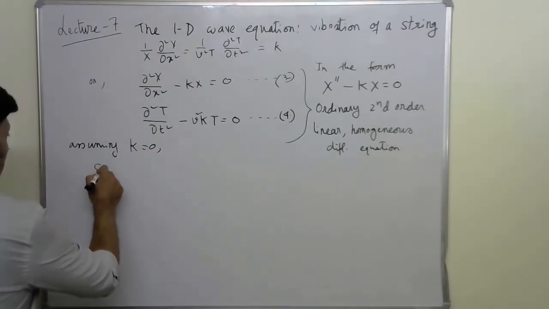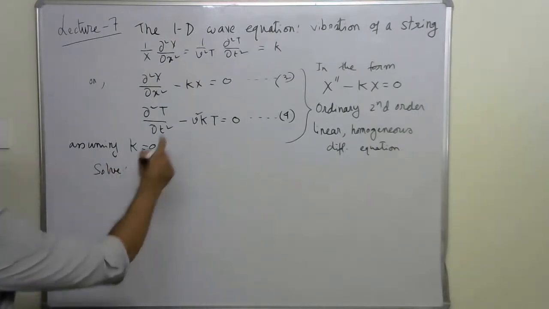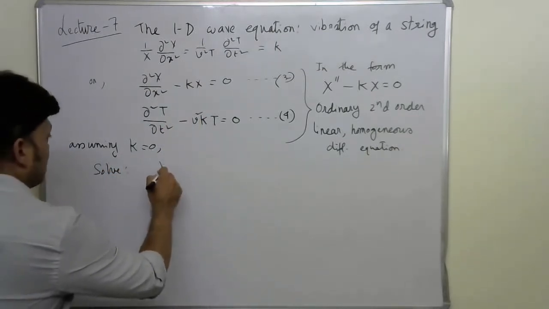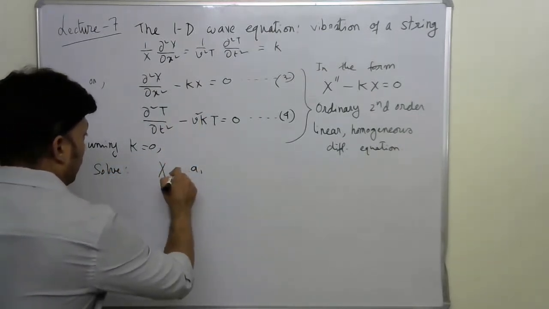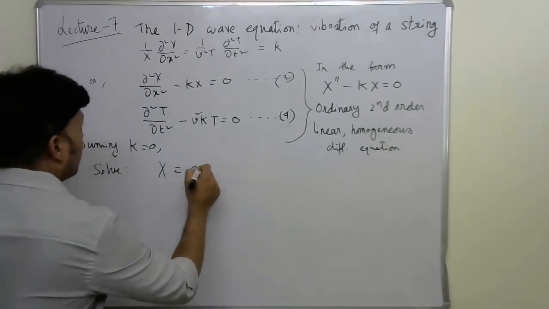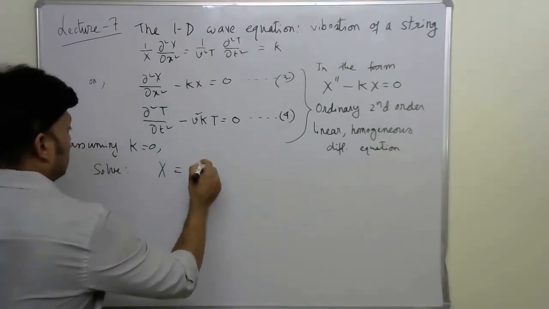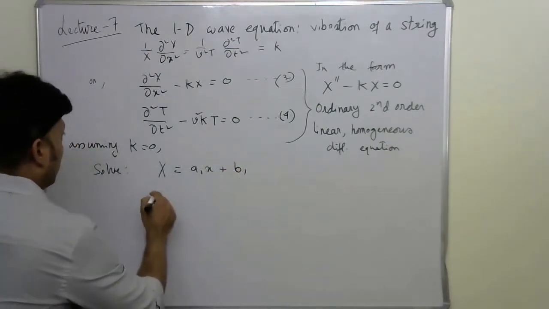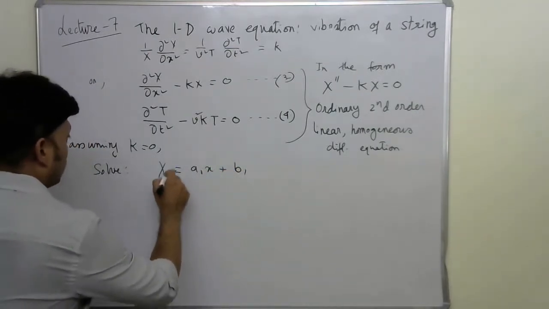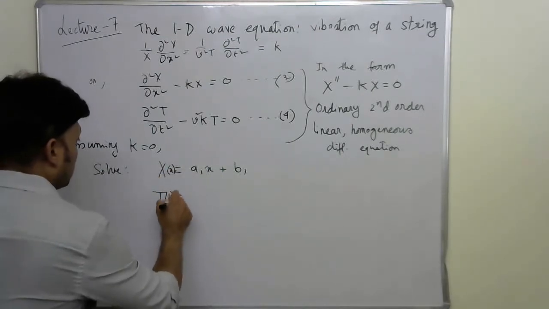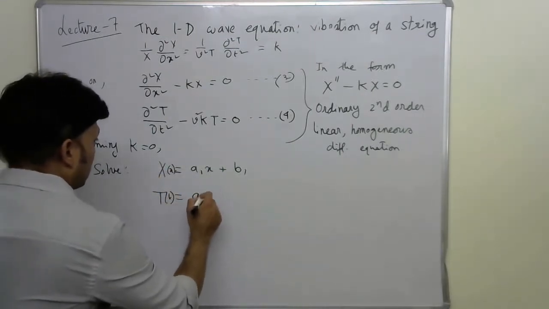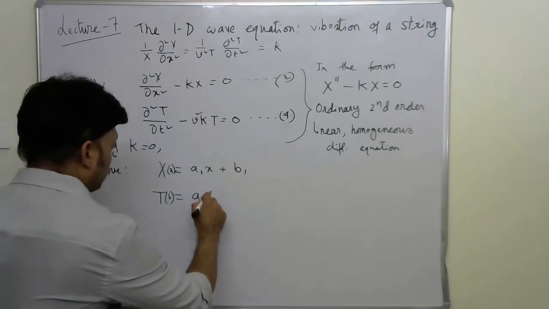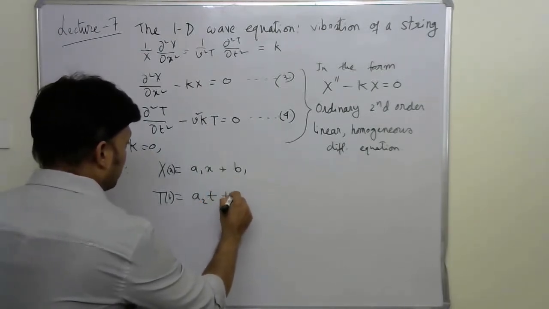If we solve the two equations, it gives us X equal to a1 x plus b1, and of course T as a function of t gives us something like a2 t plus b2.